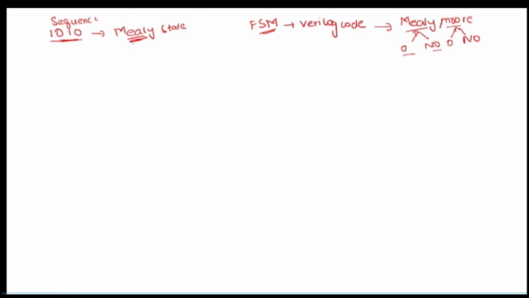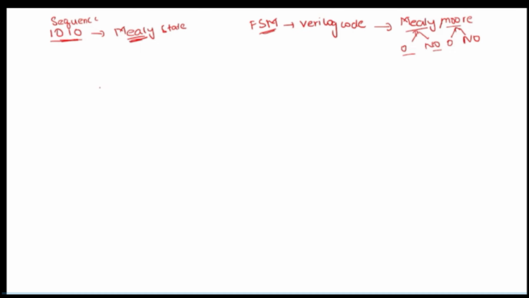Since it is Mealy, you already know the difference between Mealy and Moore. If you don't know the difference between Mealy and Moore state machines, you can ping me so that I'll explain that clearly. But as of now, I don't want to explain the differences, because I don't want to go into deep concepts about FSMs.